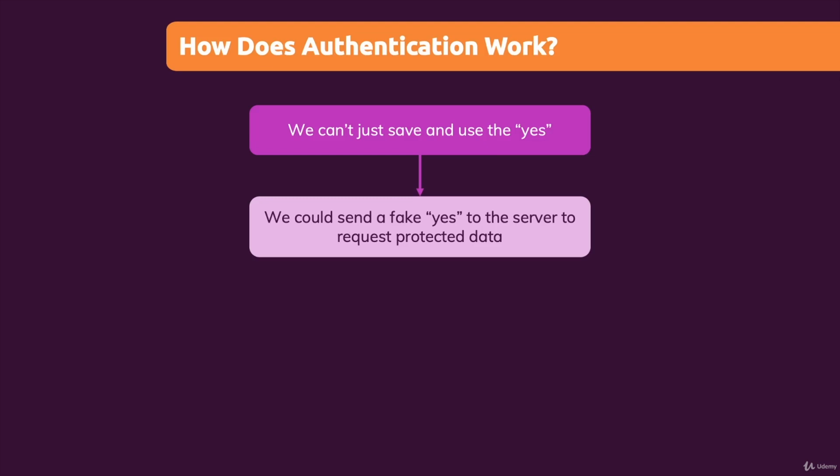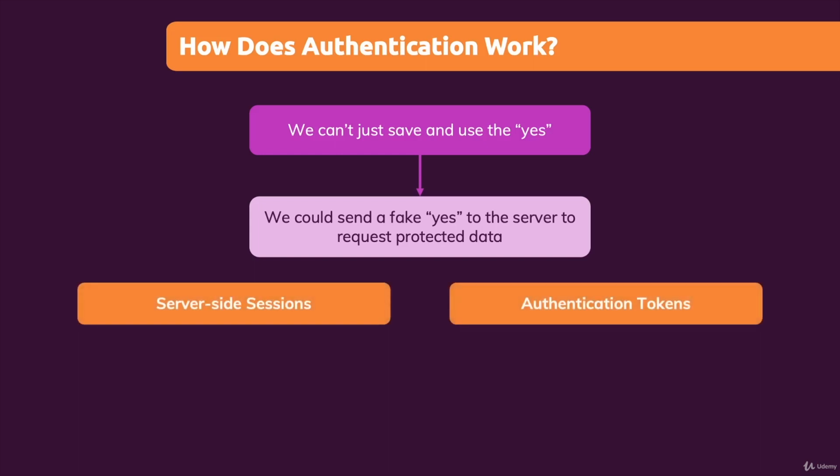And therefore, instead, we need some proof which can't be faked. And for this, we got two main mechanisms: server-side sessions and authentication tokens. Now, these are two common approaches for solving this problem of unfakeable permissions.